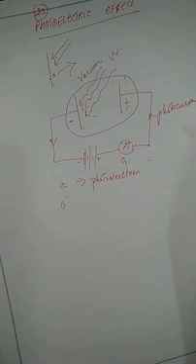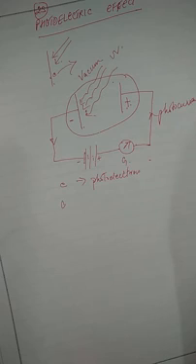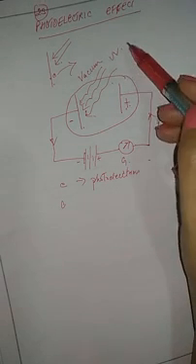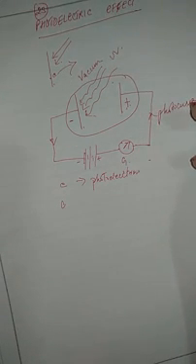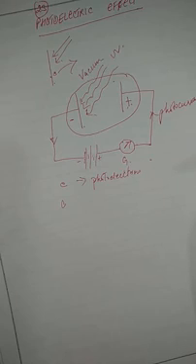For this phenomenon, the light of short wavelength is more effective than the light of long wavelength. So UV rays are effective. The same experiment was performed by Hertz and Lenard together on photoelectric effect.